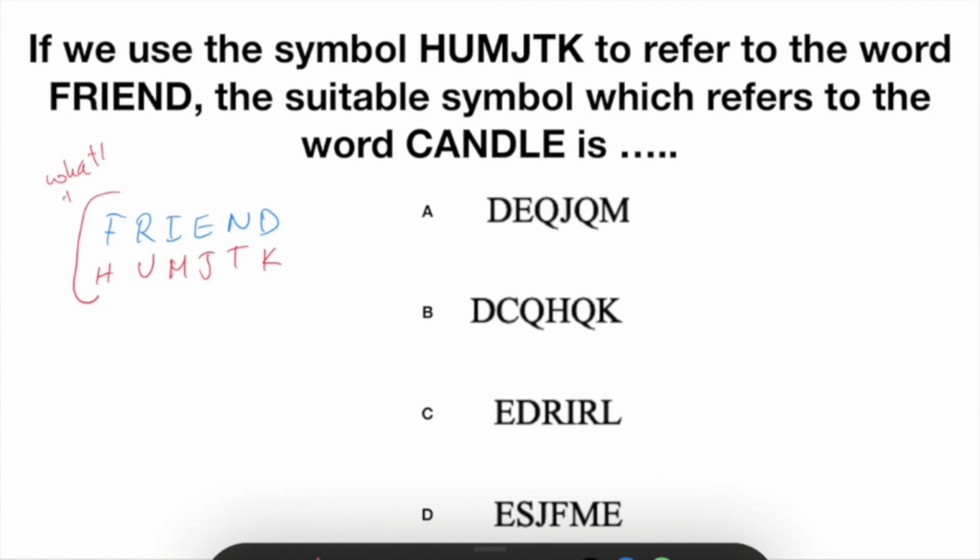What's the relation here? Let's think about it.